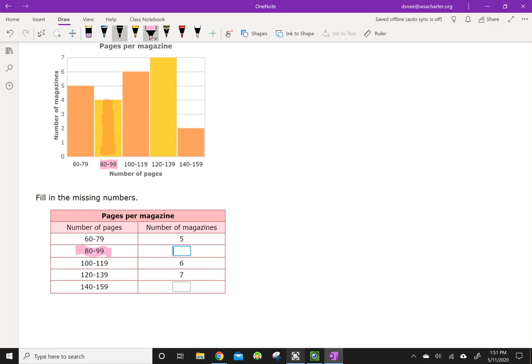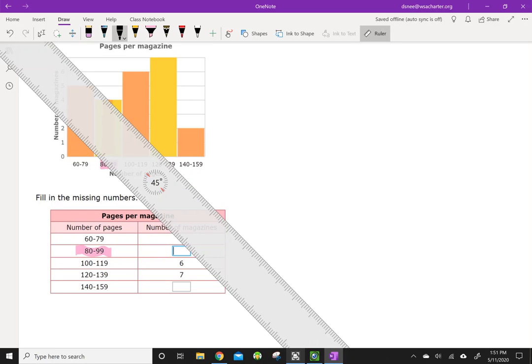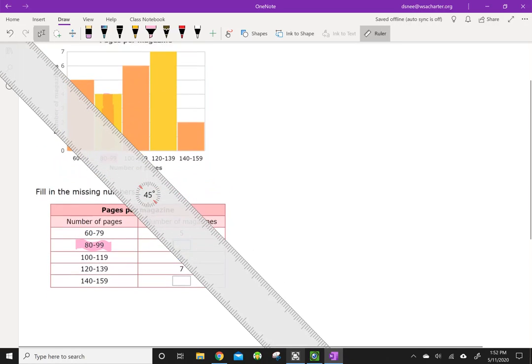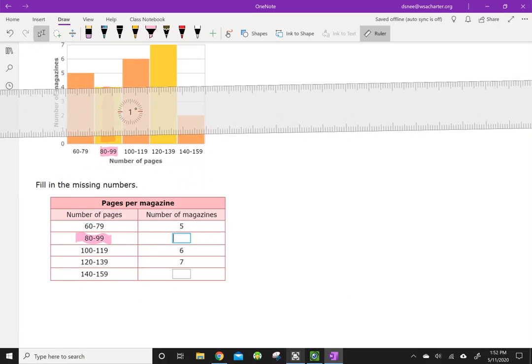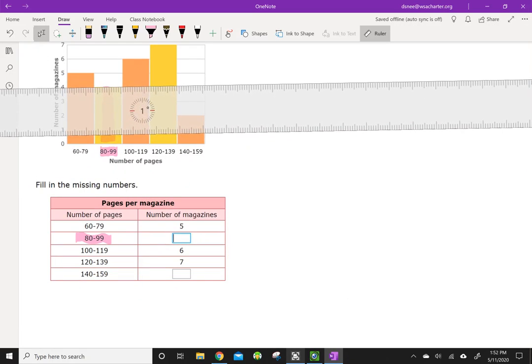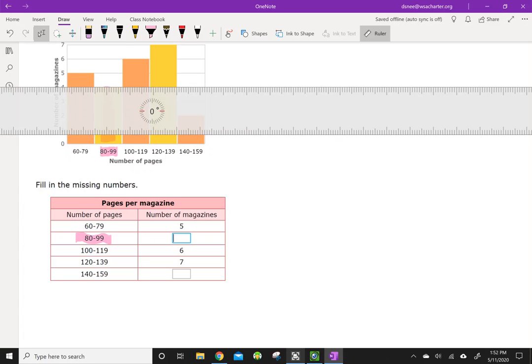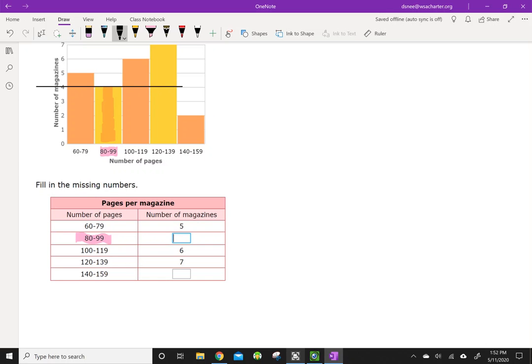And if we draw a line straight across to the number of magazines, we find 4 magazines are between 80 and 99 pages.